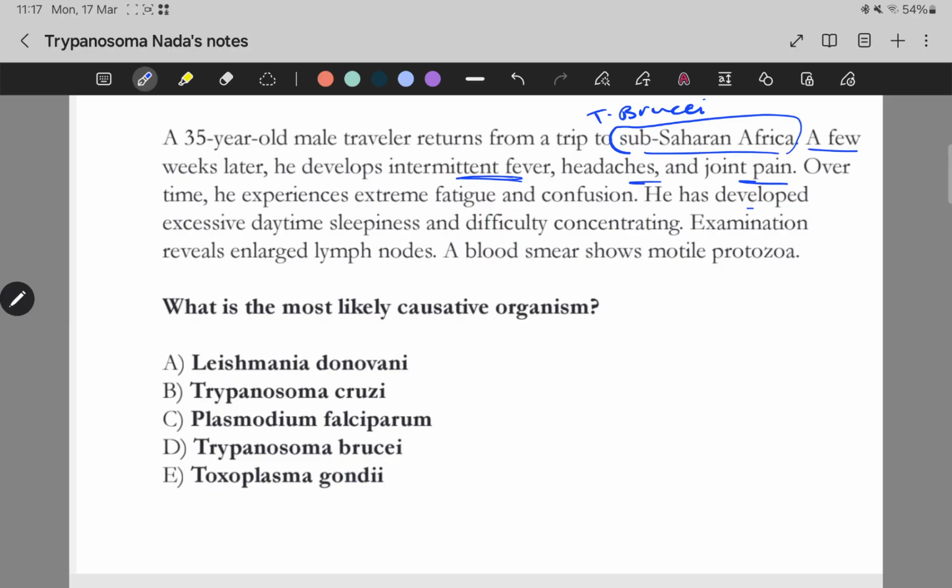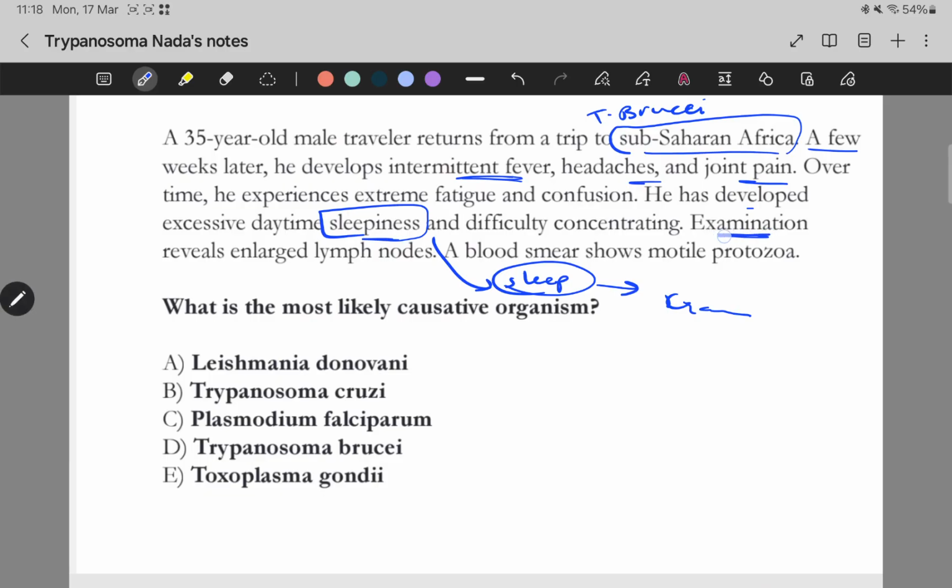He has developed excessive daytime sleepiness, so we already reached the sleep stage, which is an advanced stage of central nervous system involvement. Which one? Mostly Gambiense, because I told you with Rhodesiense we don't have the time to see the later advanced stages of the disease, because the parasite kills a person early. So I think it is easy right now.